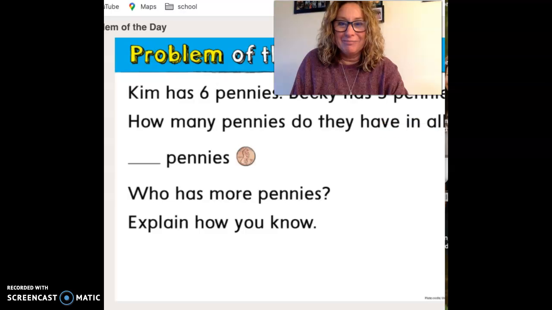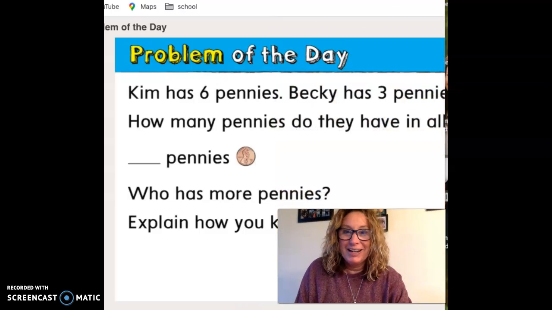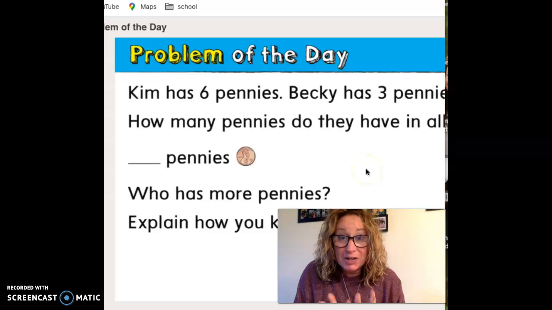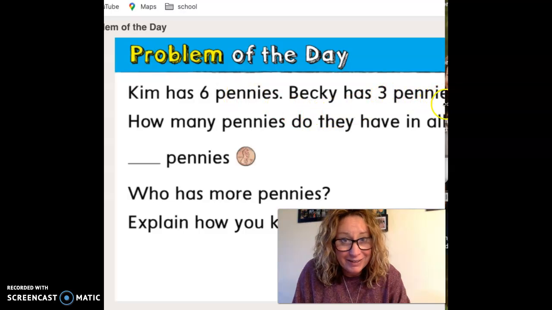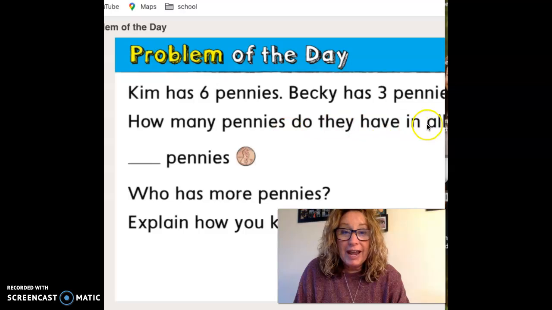All right, now moving down here. Here's our problem of the day. So get ready. You should have your whiteboard and dry erase marker or paper and pencil to help you solve this. It says, Kim has 6 pennies. Becky has 3 pennies. How many pennies do they have in all?